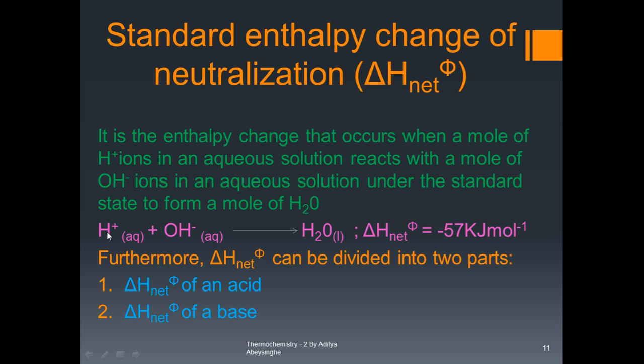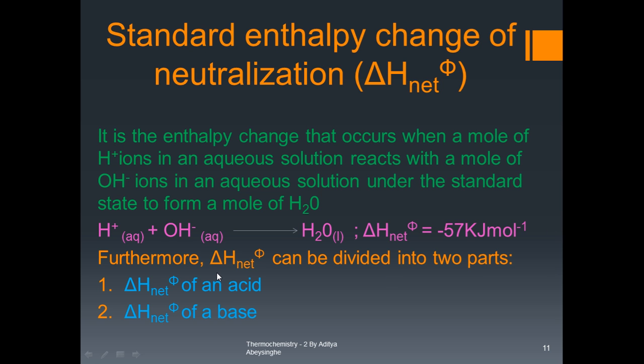So the enthalpy change for such a reaction is that H plus ions in the aqueous phase react with OH minus ions in the aqueous phase to form H2O in the liquid phase. The energy for such a reaction is calculated as minus 57 kilojoules per mole.